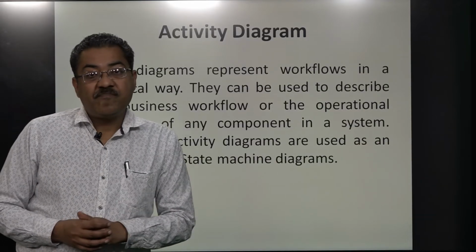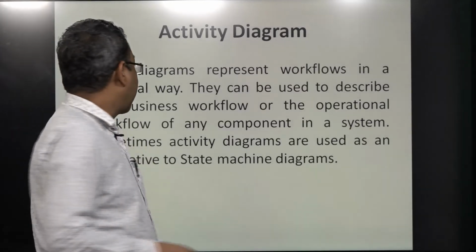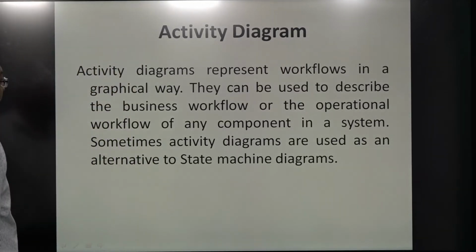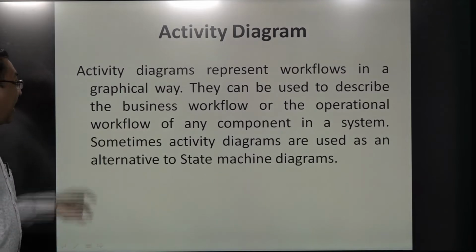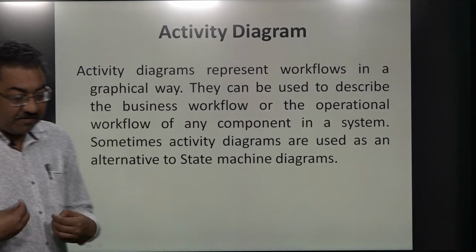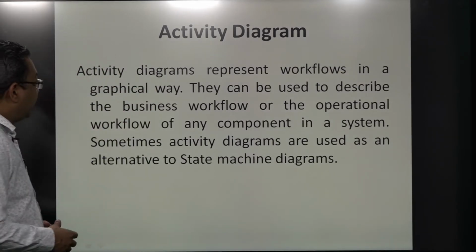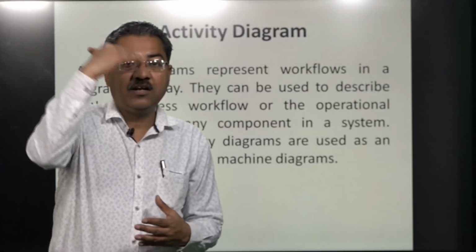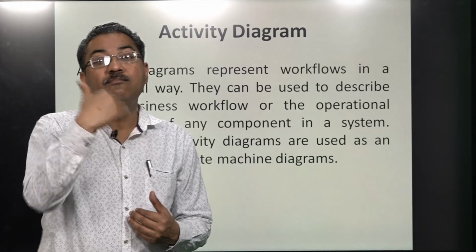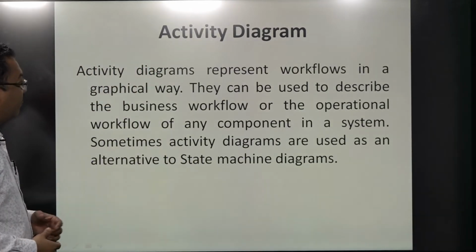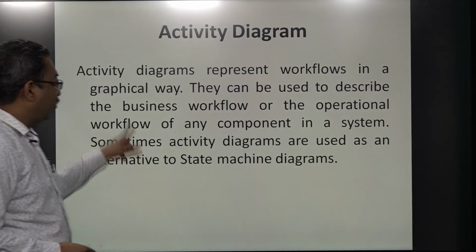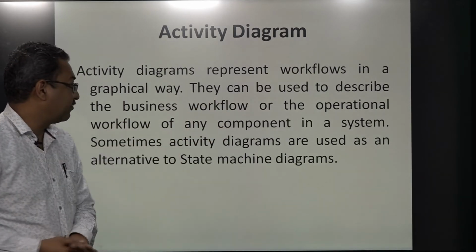Next comes the activity diagram. Activity diagram represents workflow in a graphical way. That means for one specific activity, what will be the flow, how the system will move forward. ठीक है, they can be used to describe the business workflow or the operational workflow.